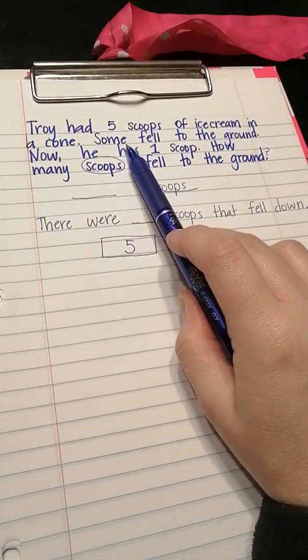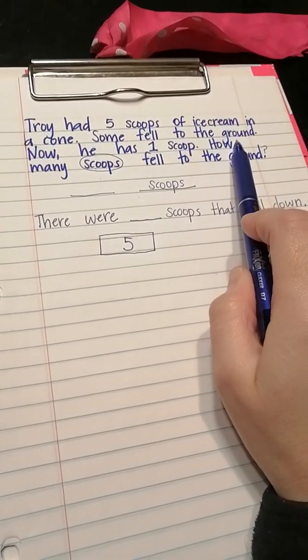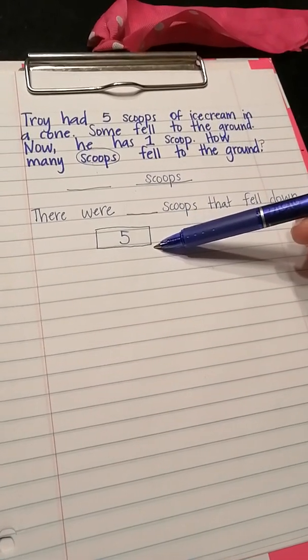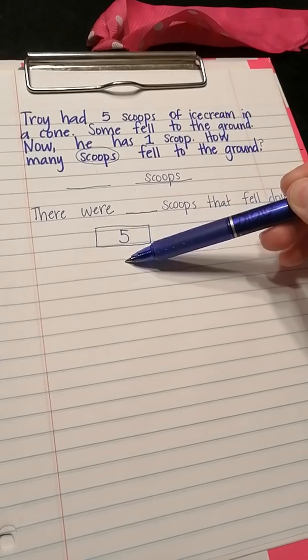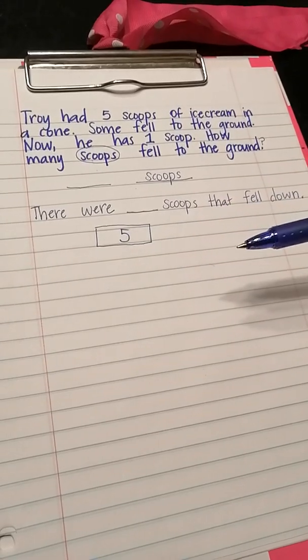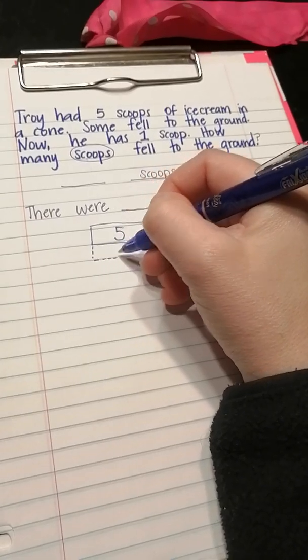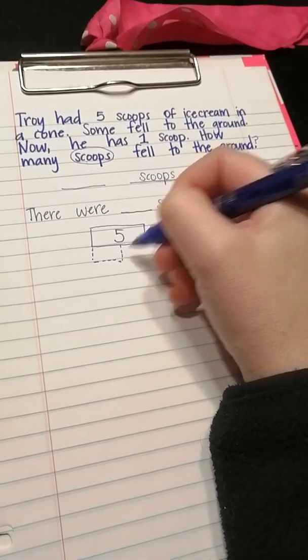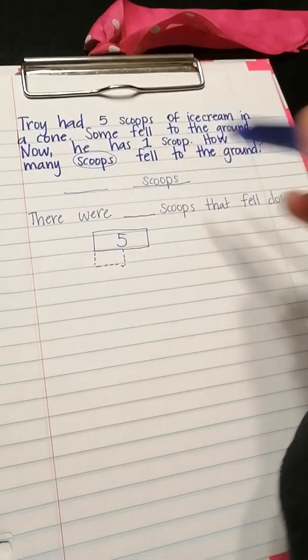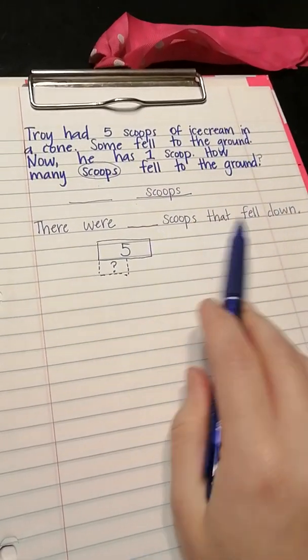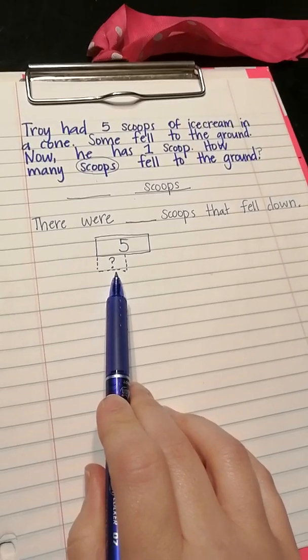It says some fell to the ground. So did he get more ice cream? Or did some of these fall to the ground? You're right. You guessed it. Some of these fell to the ground. So we don't know how many because it says some. So I bet you that's what we're having to find out. Yep, the scoops that fell down. Okay.